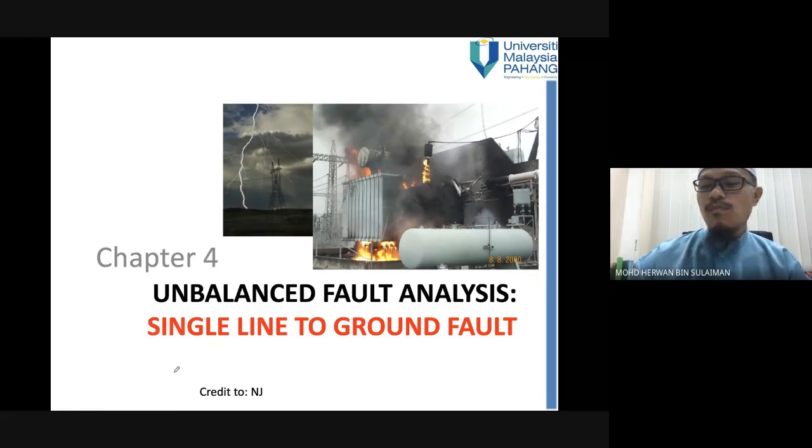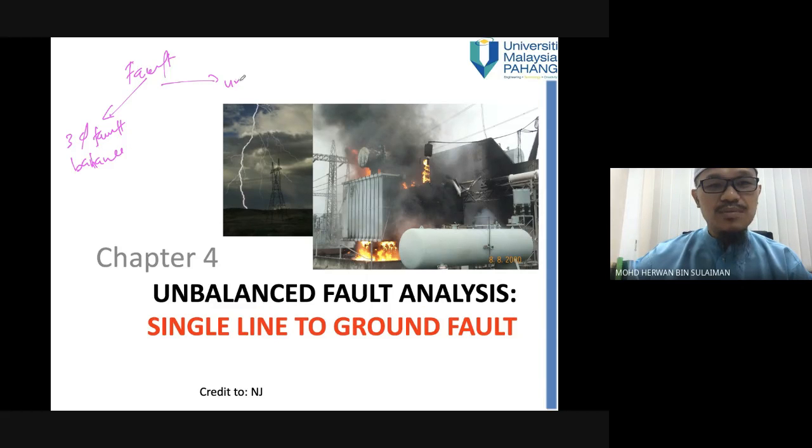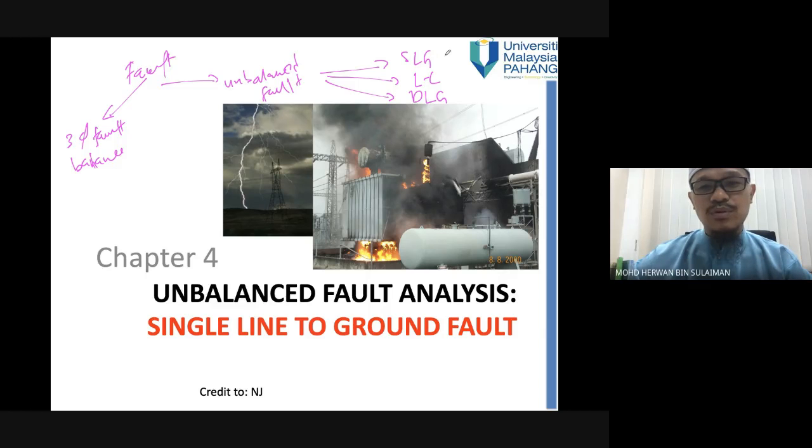Just want to recap: we have the three-phase fault or balanced fault, and then we have the unbalanced fault. Unbalanced faults are single line to ground, line to line, and double line to ground fault. Today we try to cover single line to ground faults.